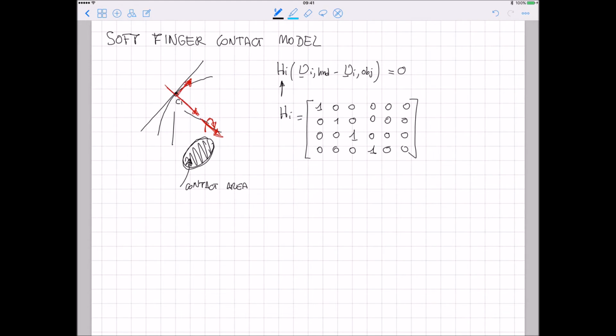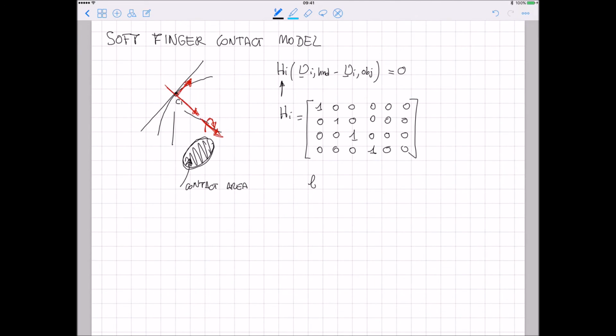So a practical example: if I have this piece of paper, of course if I have a hard finger model, I don't constrain the rotation. If I consider a soft model for the contact, I constrain the rotation. Okay.